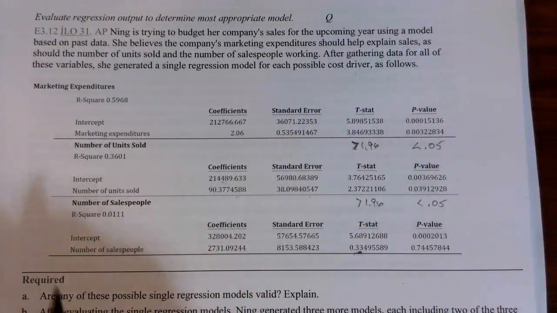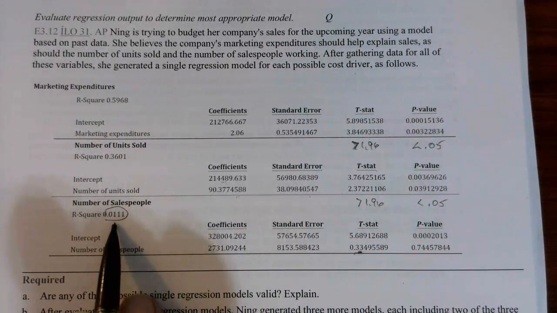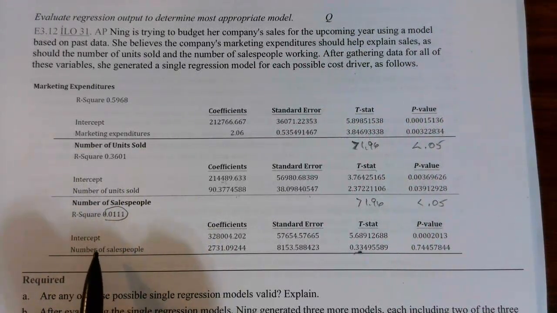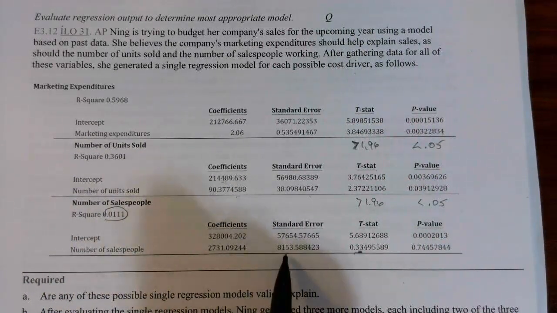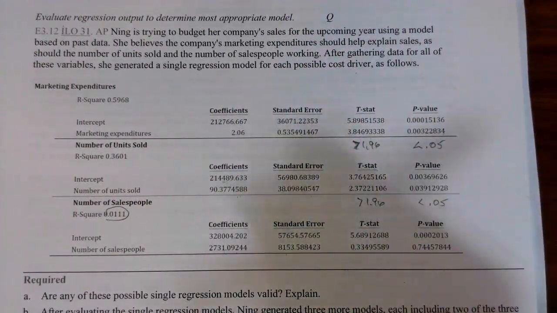Then we looked at the number of salespeople. The first thing you want to notice here is that the R-square is abysmal. It's surprising that the number of salespeople only accounted for 0.01, or 1.11% of the variation. That's all it could explain, which is pretty bad. The coefficient is much higher and the standard error is crazy high. It would be interesting to see a scatter plot of this data.